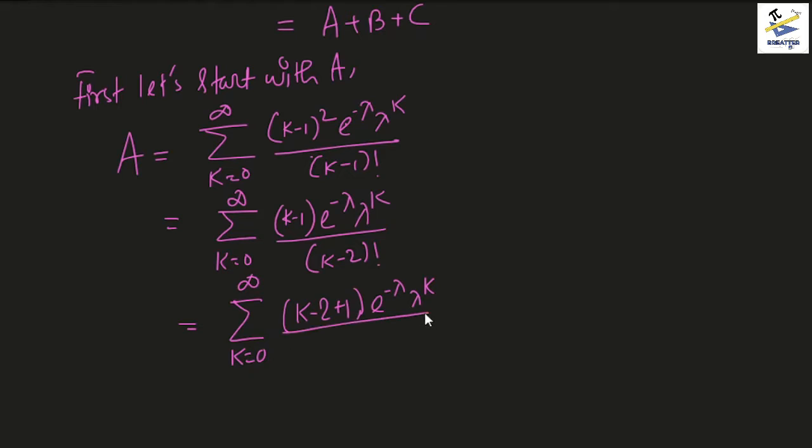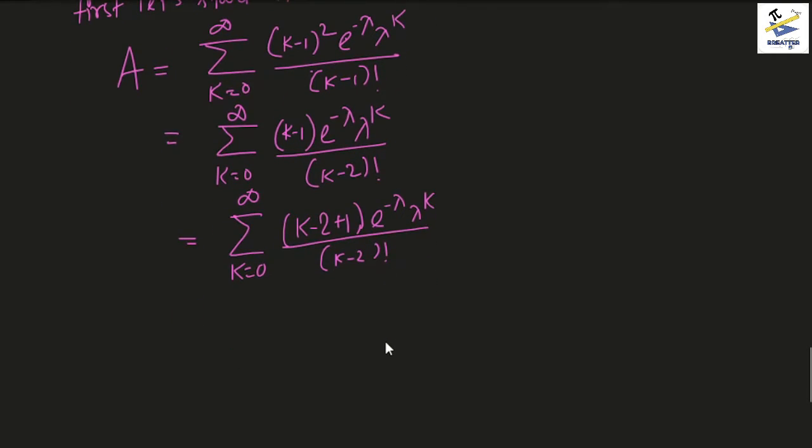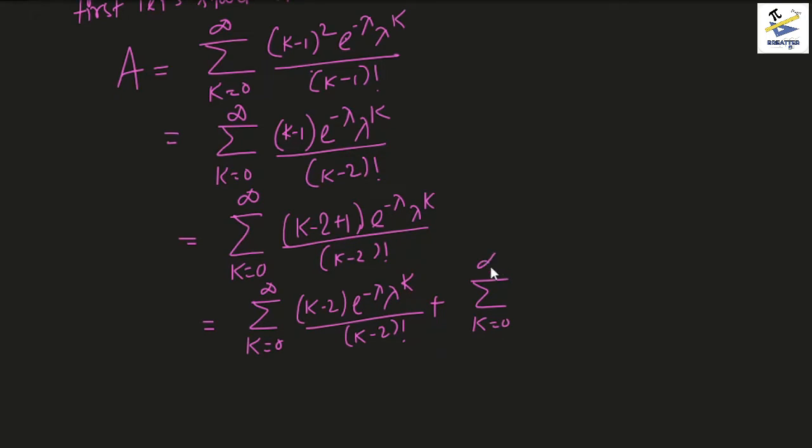Lambda to the power k by (k minus 2) factorial, and this would give us again two summations: summation k equals 0 to infinity (k minus 2) into e to the power minus lambda, lambda to the power k by (k minus 2) factorial, plus summation k equals 0 to infinity e to the power minus lambda, lambda to the power k by (k minus 2) factorial, right?